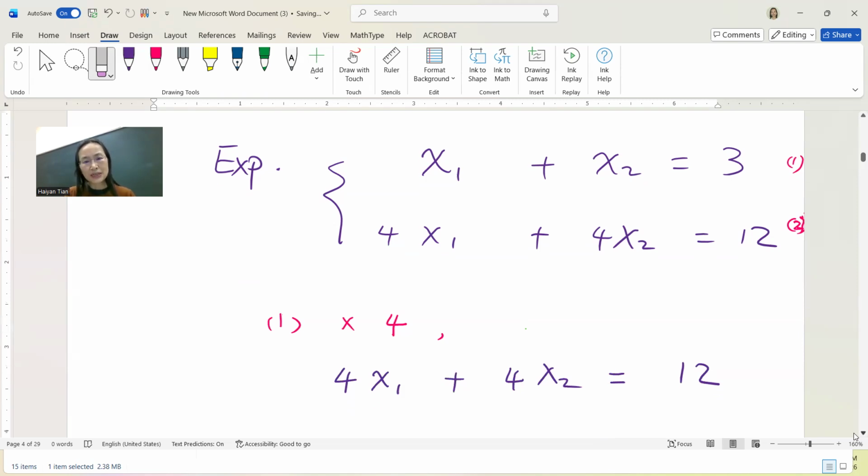So these two equations are the same equation. So you have one equation for two variables. So because this is the same as the second equation, if I subtract the second equation, what happens? We will get 0 equals 0.